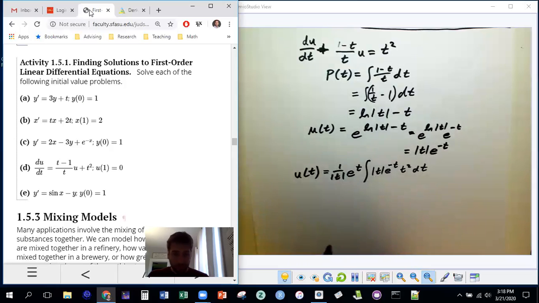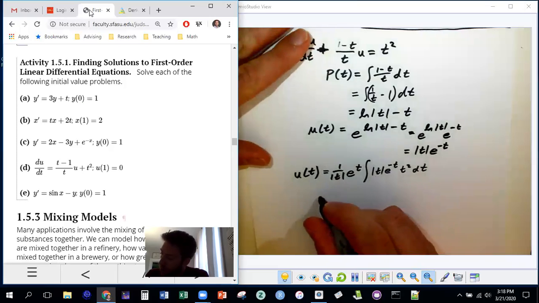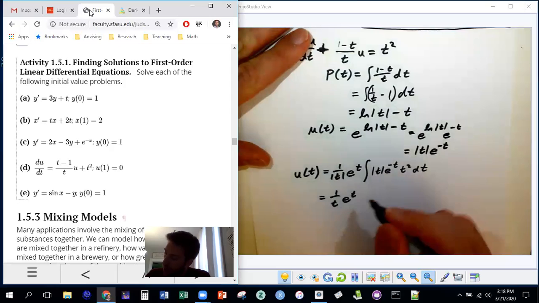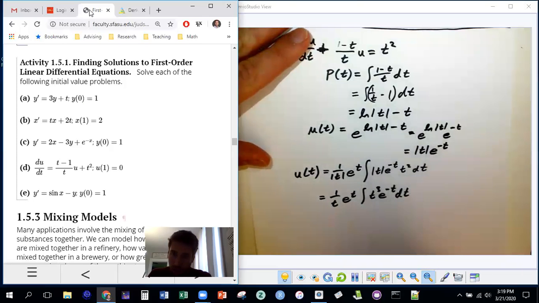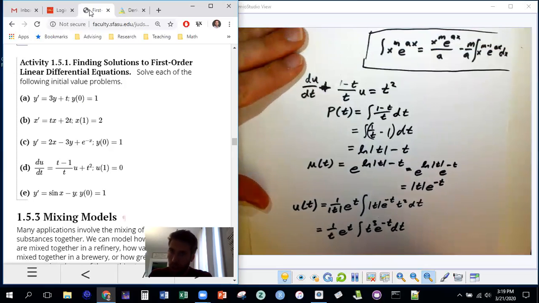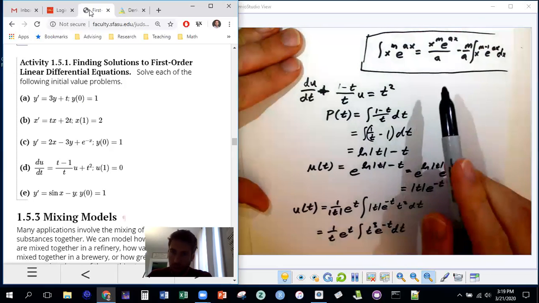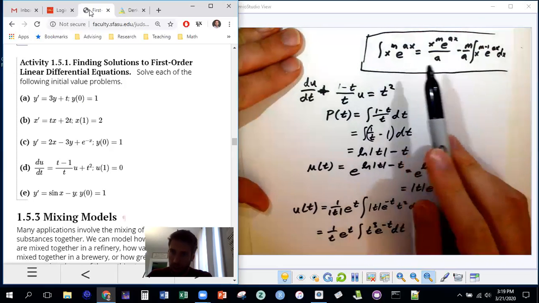So, thankfully, I can get rid of the absolute values. This equals 1 over t times e to the t times the integral of t cubed e to the negative t dt. Now we're going to be using our integration table to do that.